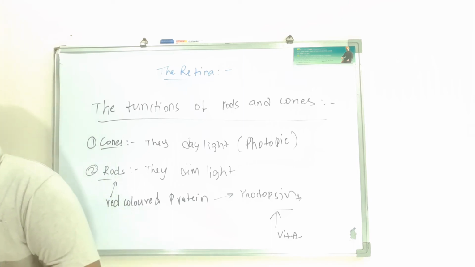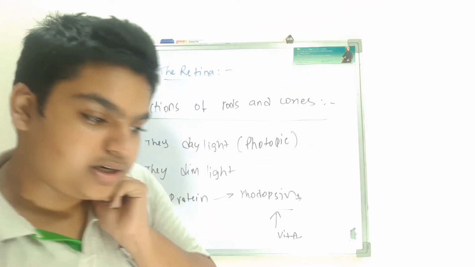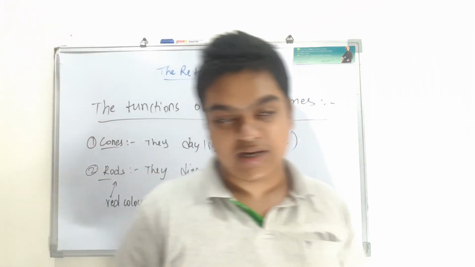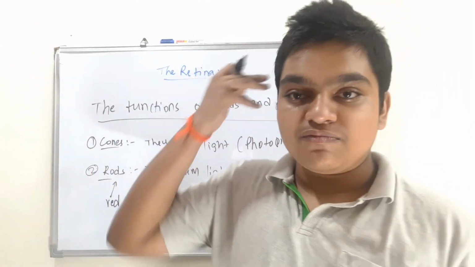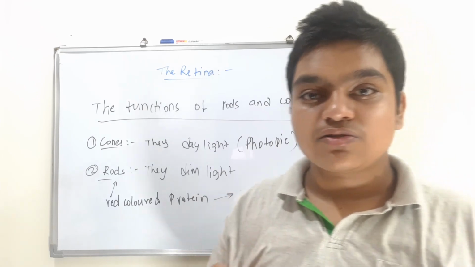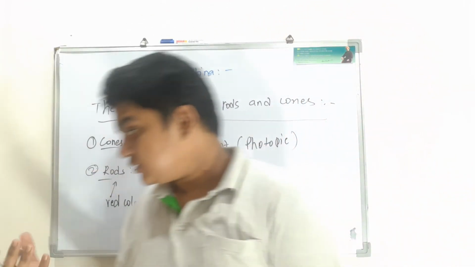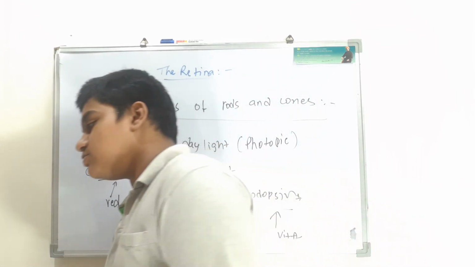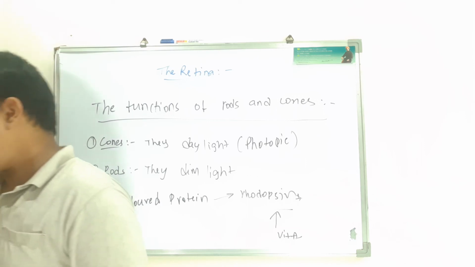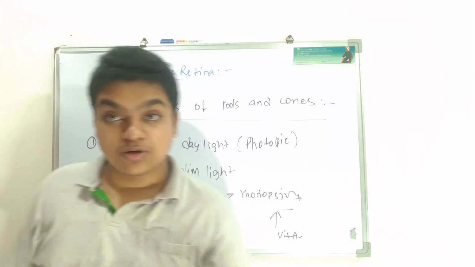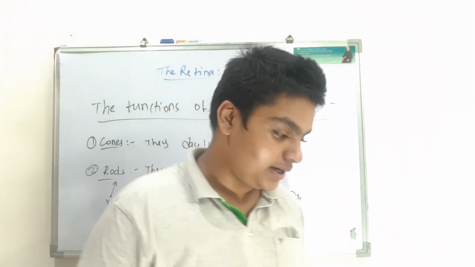Clear, guys? Now how is this colored light sensed? We have a small mechanism. When colored light falls on the retina, the cones start stimulating, you can also say some secretions or photopigments. The cones have photopigments in order to sense the colored light.